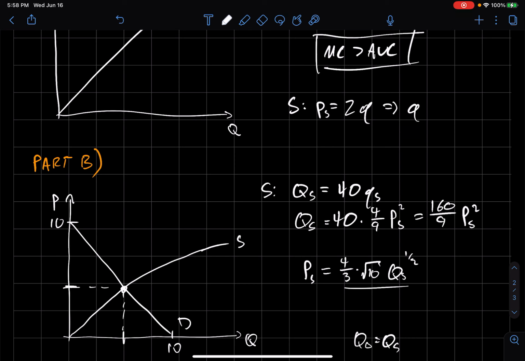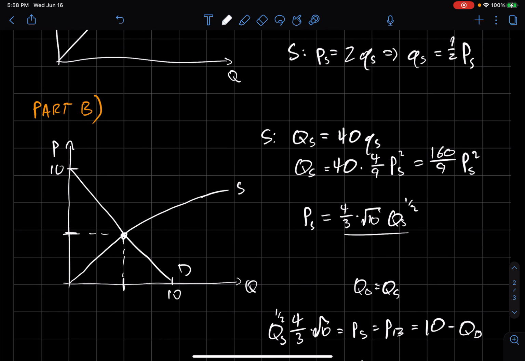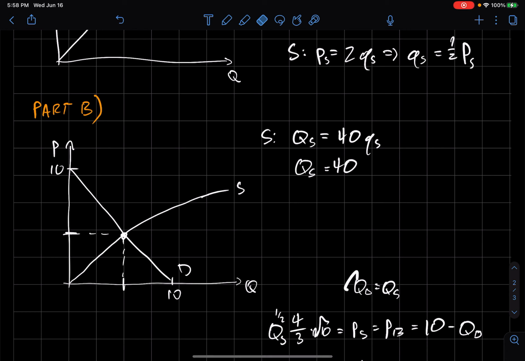And QS is equal to 1/2 PS. Okay. And then we, again, just plug this into our market supply curve. We have 40 times 1/2 PS, which gives us 20 PS.